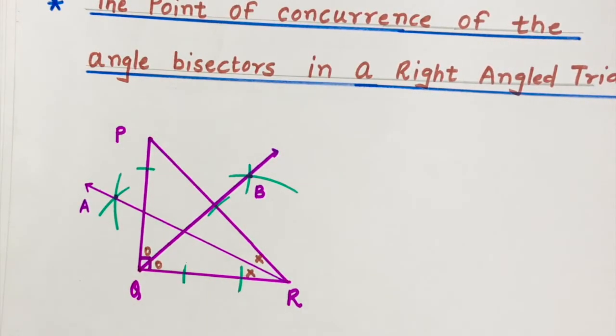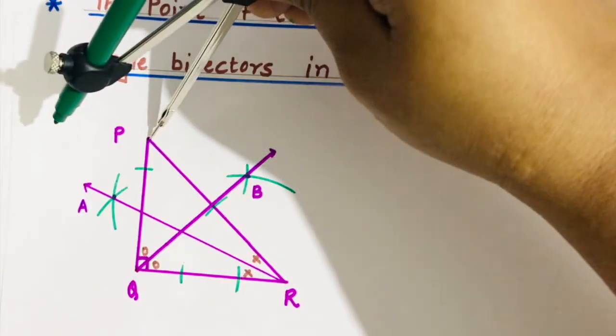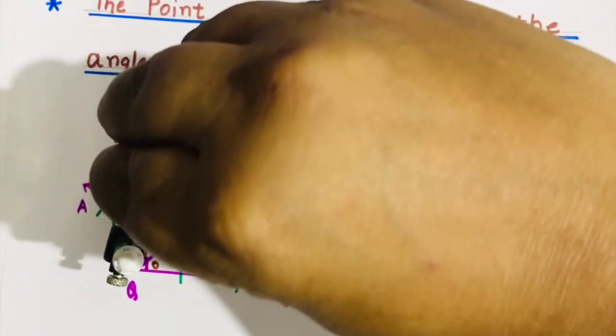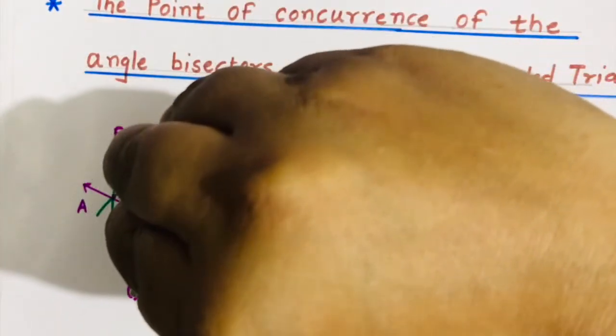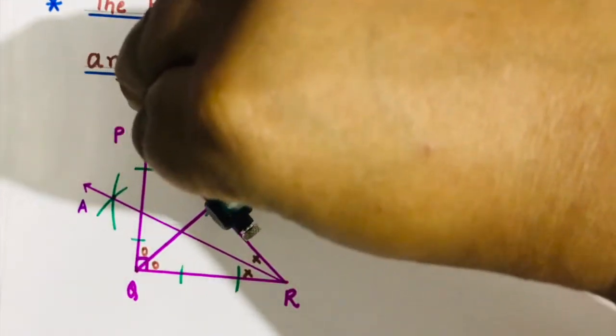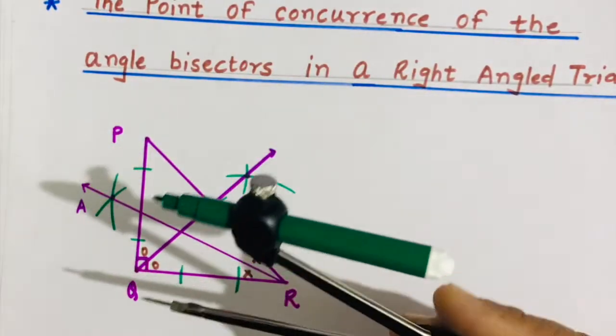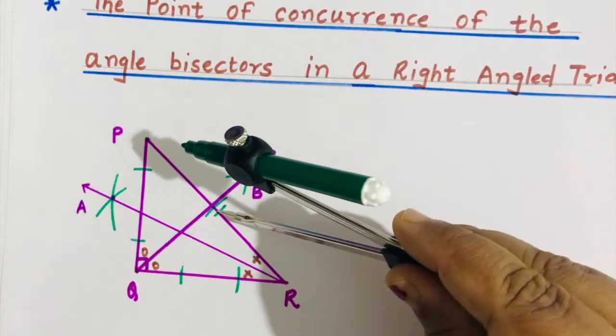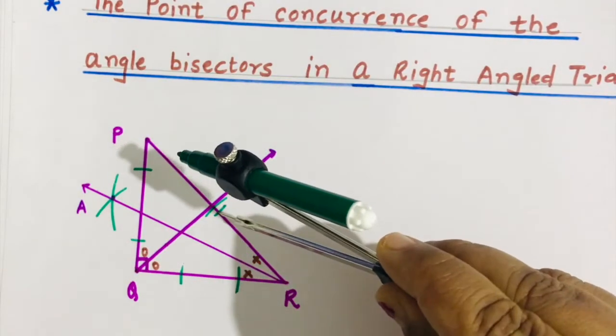Now we need to find out the angle bisector of angle P. Keep the steel point of the compass at point P. Draw an arc. Keeping the same distance, you need to draw two more arcs.